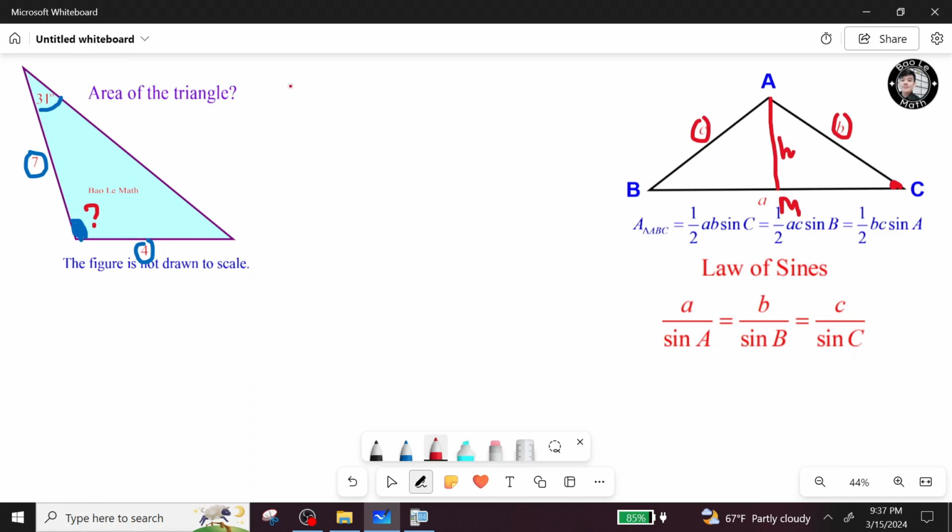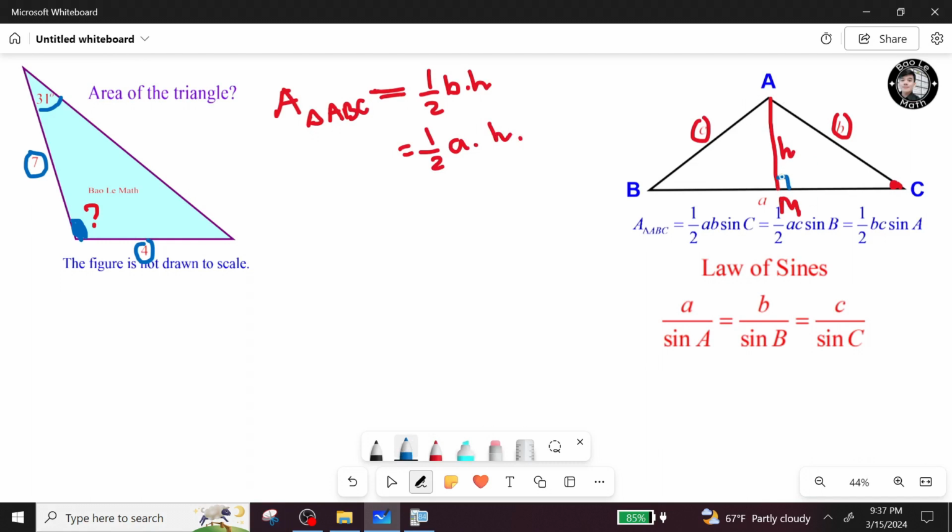Now, we normally use this formula to calculate the area of the triangle ABC, which is 1/2 base times height. In this situation, the base is a, so 1/2 a times height, which means AM. So I put height right here.